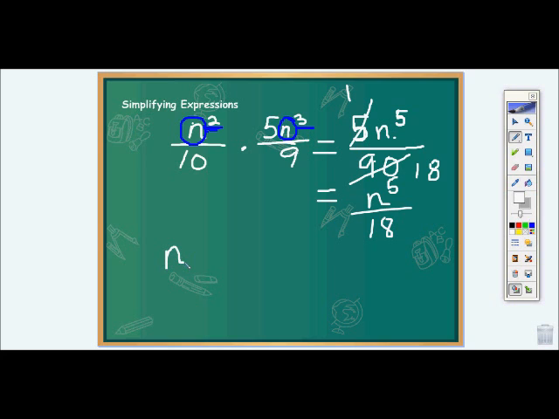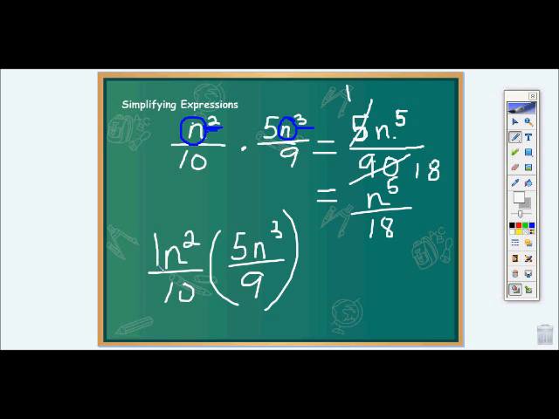So I'm going to start out again with n squared over 10 times 5n cubed over 9. Sorry, I totally overlooked that one. n has a coefficient of 1, so that's already in its simplest form.